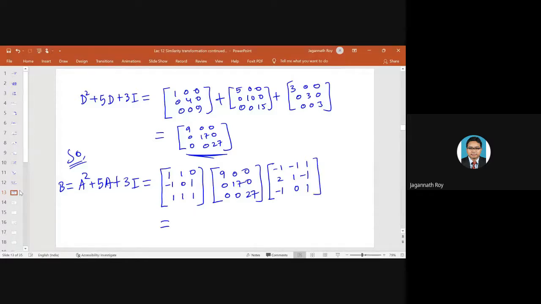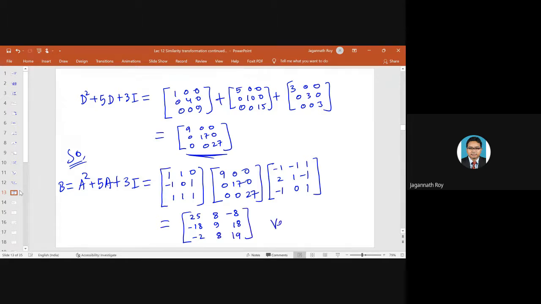If you simplify it, you are going to get 25 8 minus 8, then minus 18 9 18, finally minus 2 8 and 19.